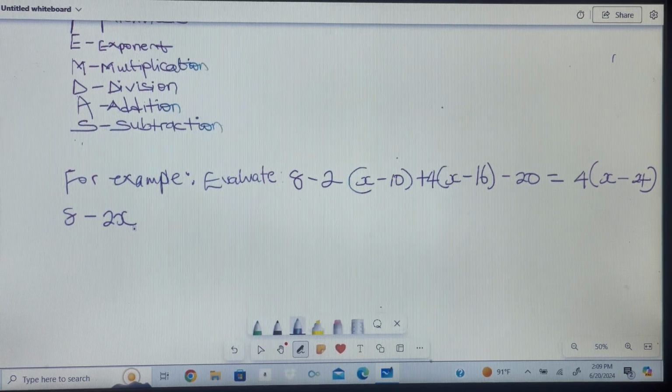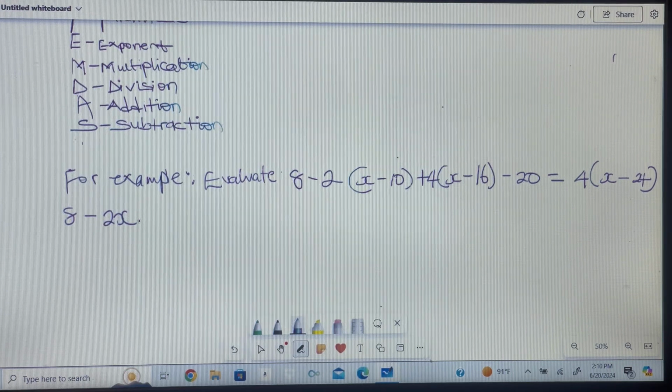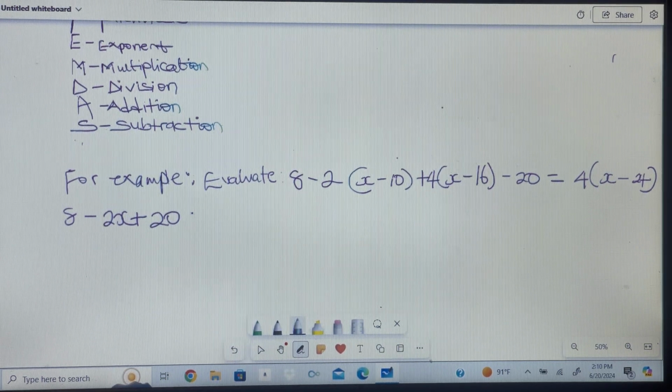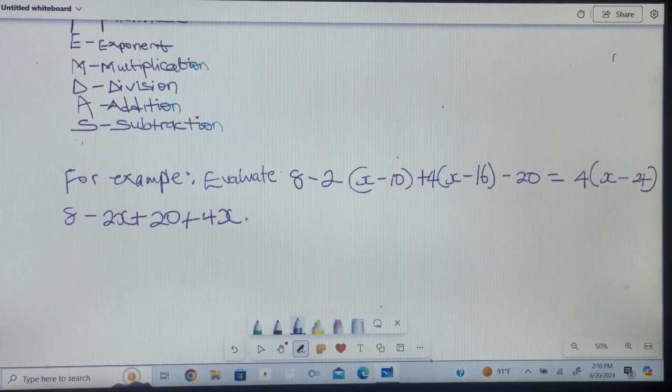If you remember the rule for multiplication, when two numbers have the same sign, the answer is going to be positive. So that's plus 2 times 10, which is 20. Then the second bracket: plus 4 multiplied by x is plus 4x, and plus 4 multiplied by negative 16.